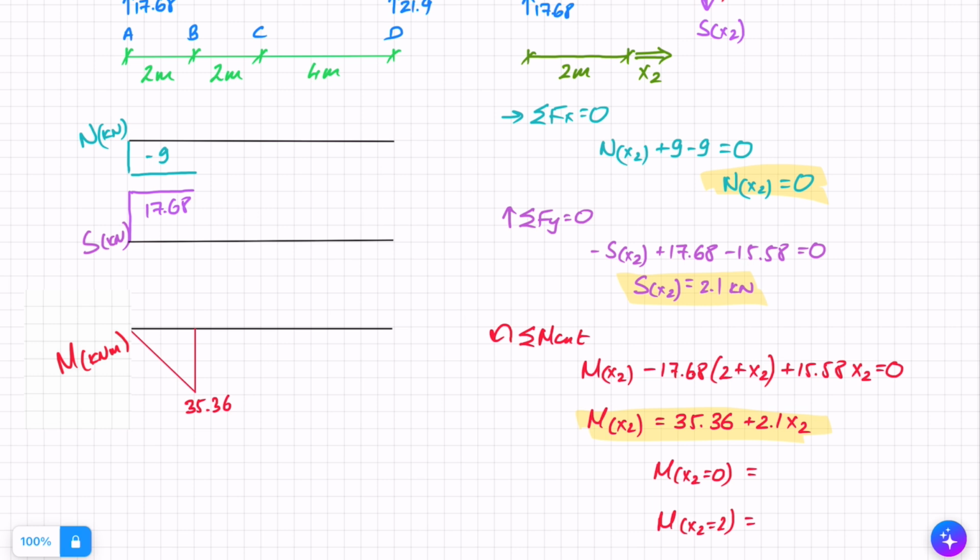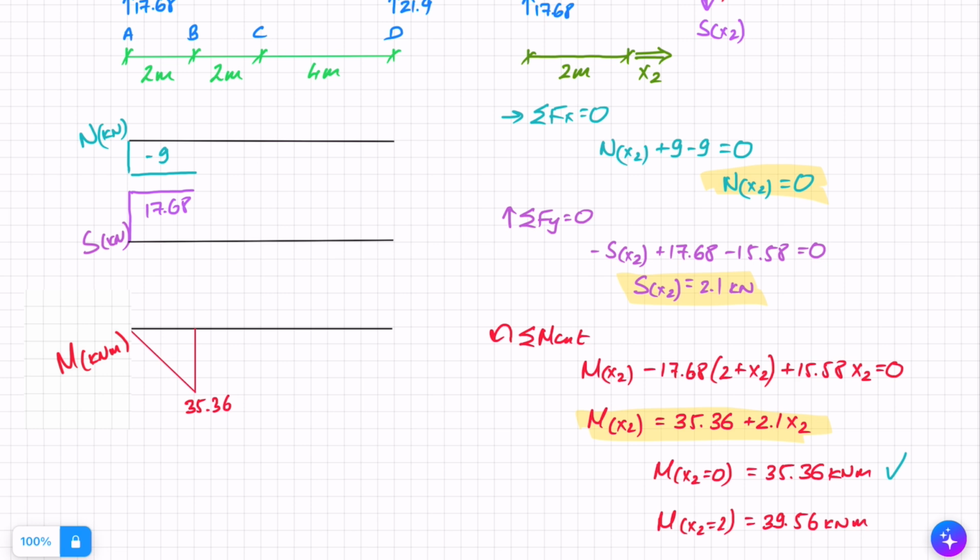At 0, I get 35.36 kilonewton meters, and that is really good because that is where I ended on the previous cut, and so this gives me a good indication that I'm right here. There would only be a jump in moment if there were a concentrated moment at that point, and there isn't. If I substitute 2, I get 39.56 kilonewton meters, and those are my 2 points.